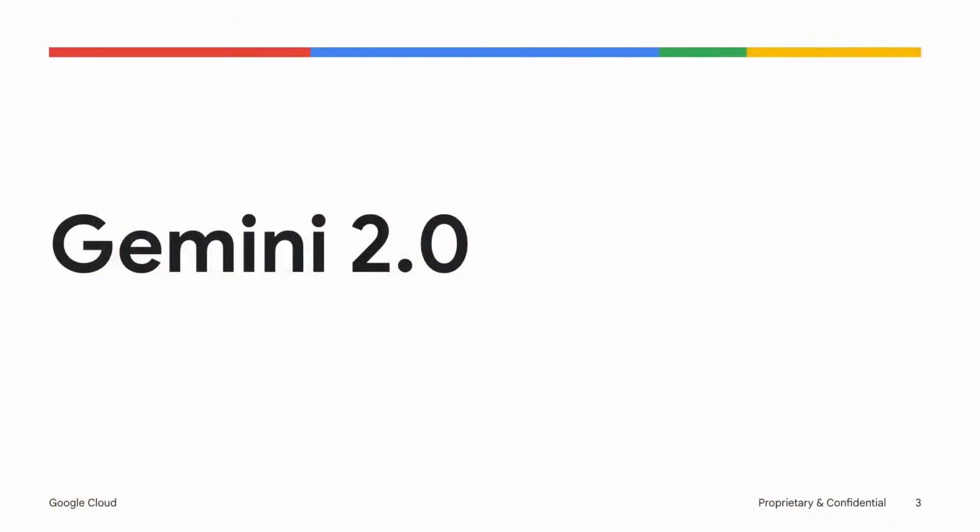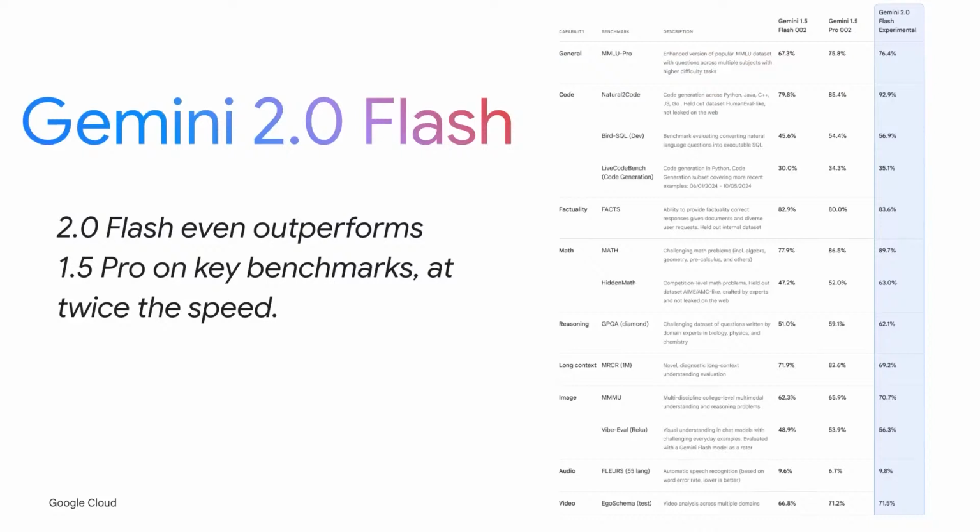At the end of 2024, we released the first model in the Gemini 2.0 family of models, which was Gemini 2.0 Flash. Flash 2.0 is the workhorse model for all daily tasks. It's really a balance of cost, capability, and latency.